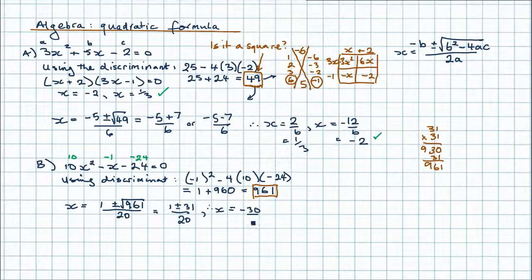That's our first one. And x equals 1 plus 31, 32 over 20. So I've got x equals minus 1.5, so negative 3 over 2, and x equals, now let's simplify this, 32 over 20, divide by 4, so we've got 8 over 5, so 8/5.